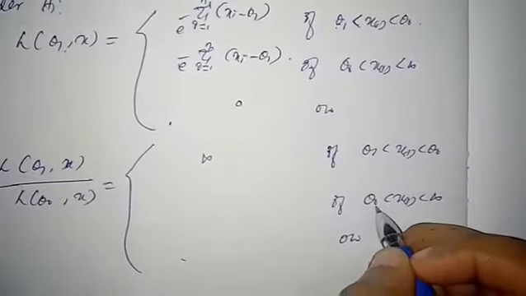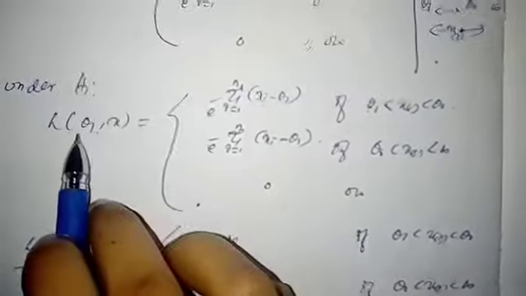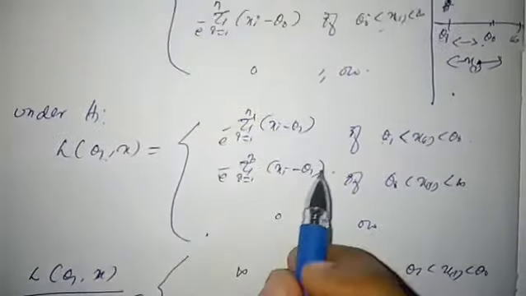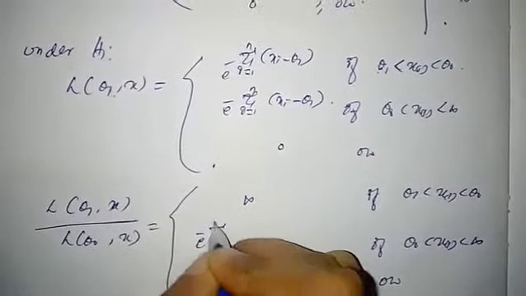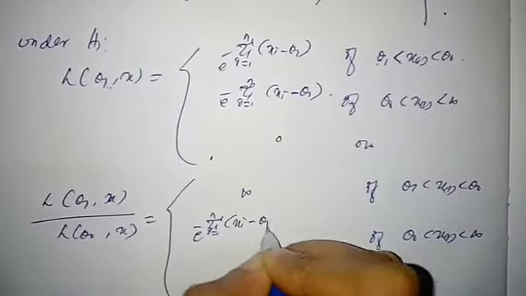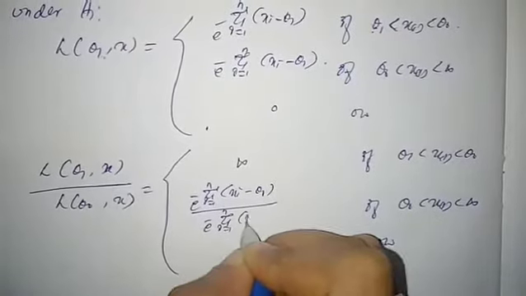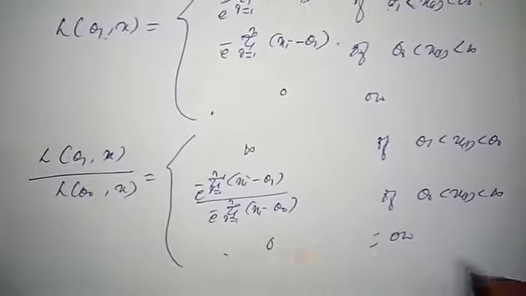And here, if θ0 < x1 < infinity, then under H1 we have e^(−Σ(xi − θ1)) divided by e^(−Σ(xi − θ0)), and 0 otherwise.